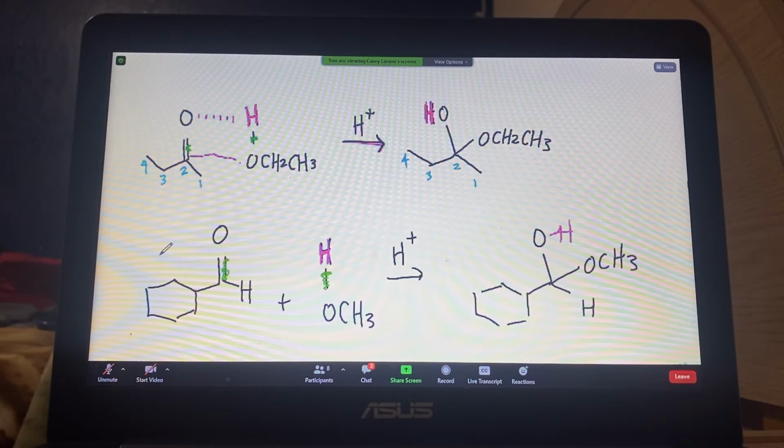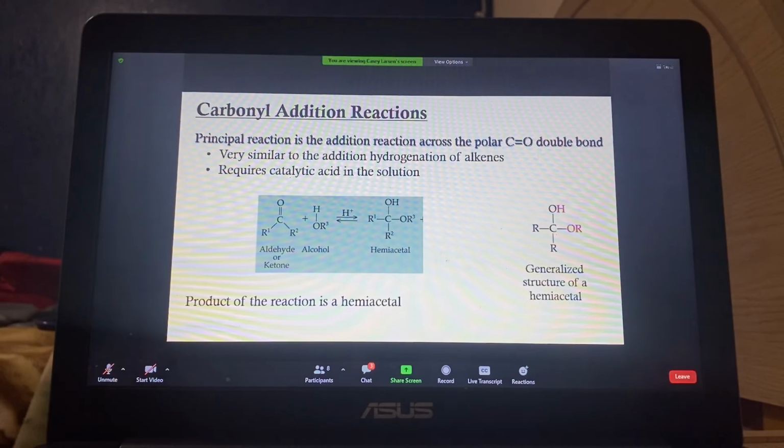And then, I mentioned that these reactions, this hemiacetal is extremely reactive.